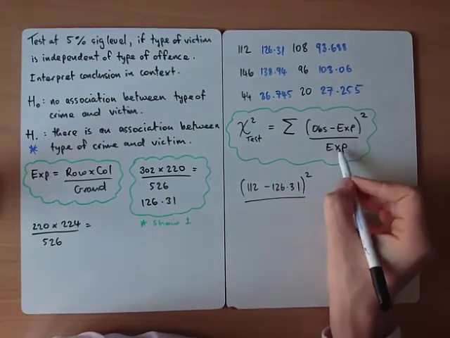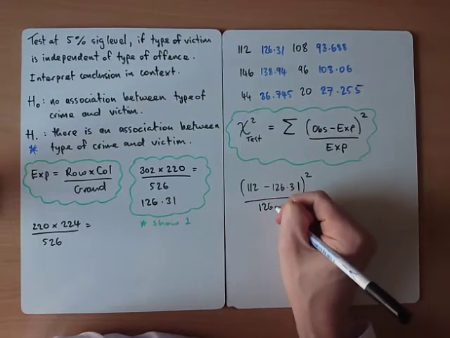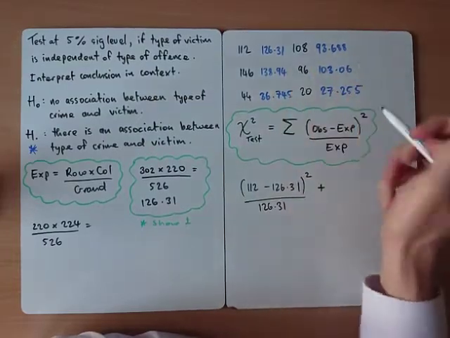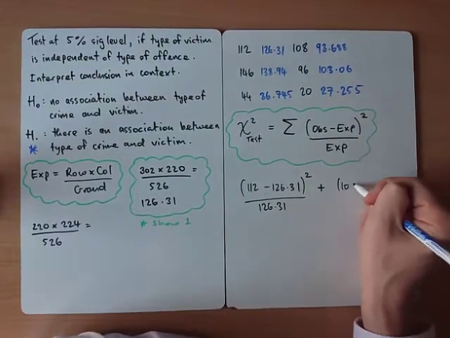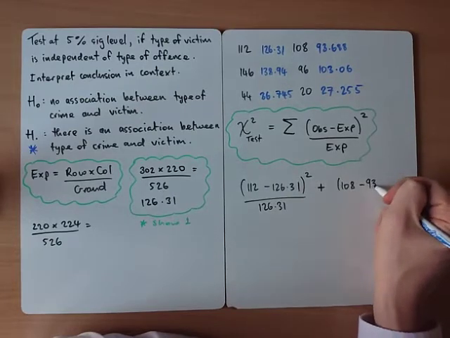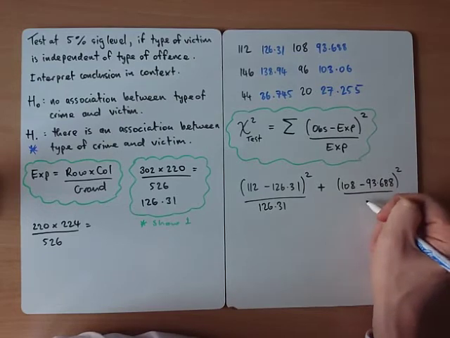we divide by the corresponding expected value, which would be 126.31. And we would have to do this calculation 6 times, so the next one would be 108, observed minus expected, squared, divided by expected.